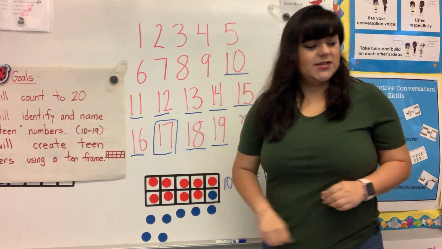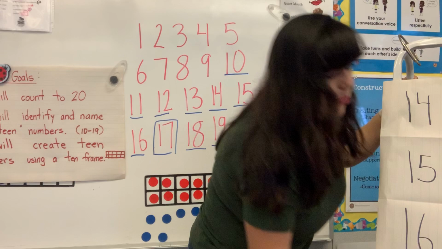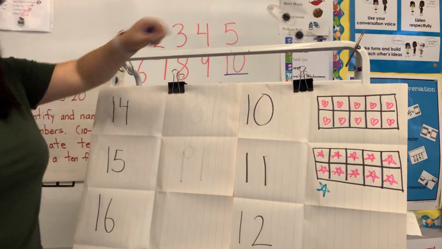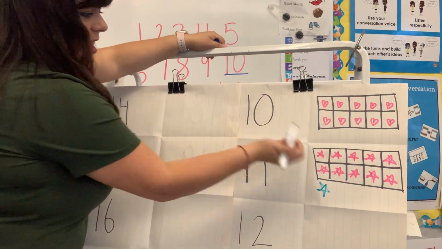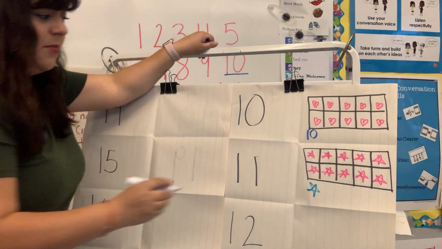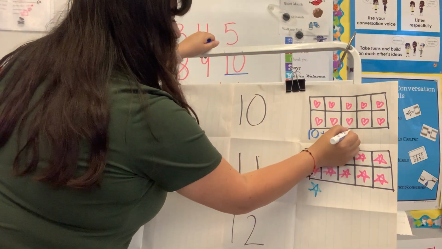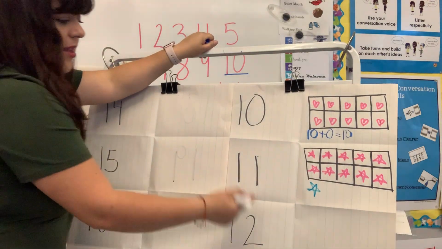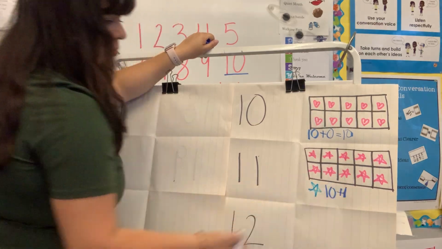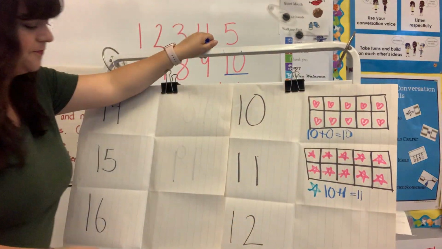I love that idea. So you know what? I want us to include that in our home learning homework. So when I do 10, I can write the equation 10 plus 0 more together makes 10. 11 has 10 plus 1 more together makes 11.